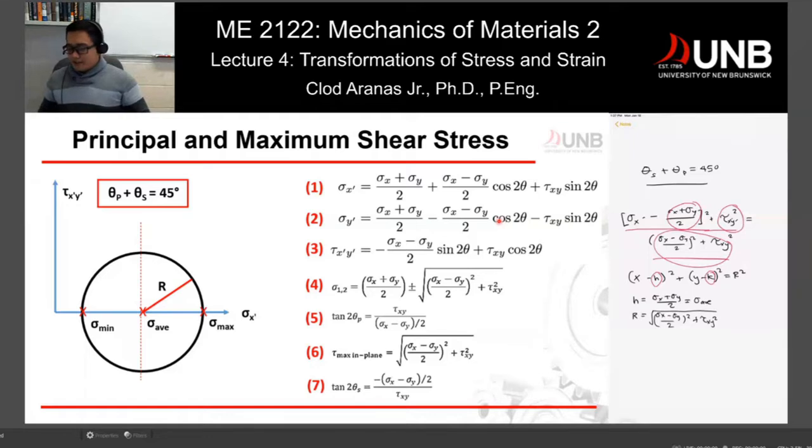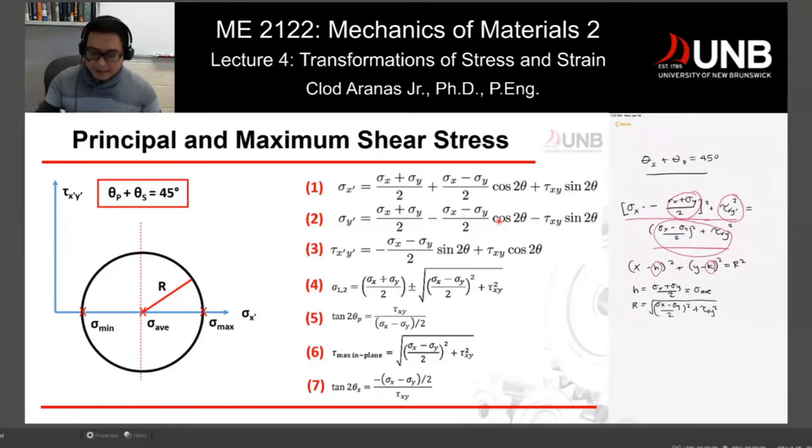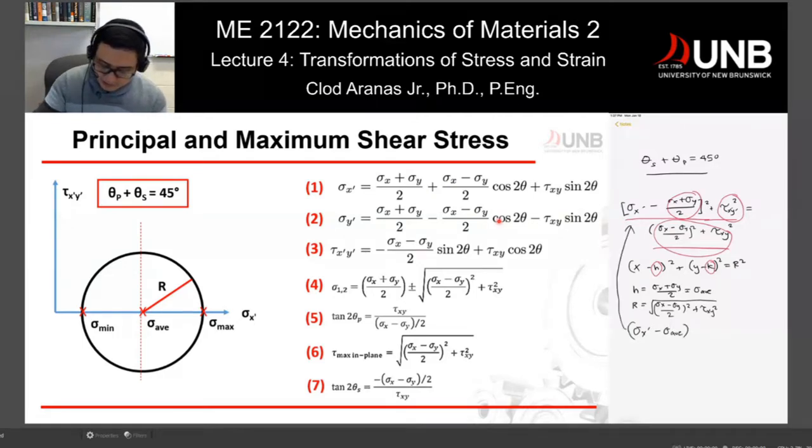By using this relationship, we can simplify our equation into sigma x prime minus our average stress, squared, plus tau x prime y prime squared is equal to r square. This is just rewriting the equation on top in terms of our assumptions h and r.